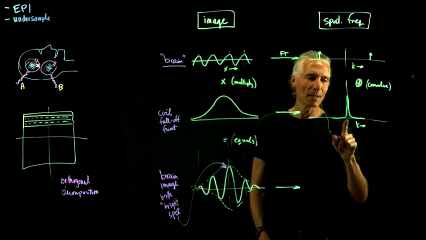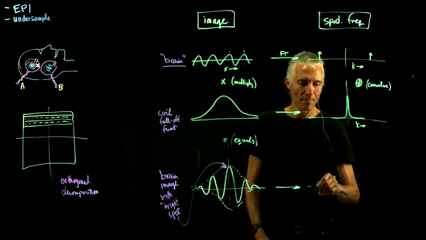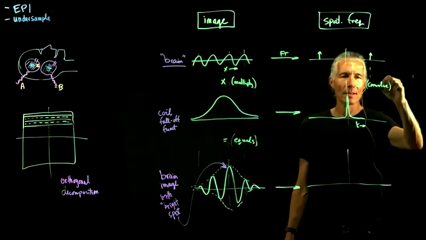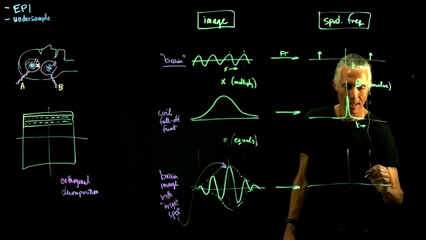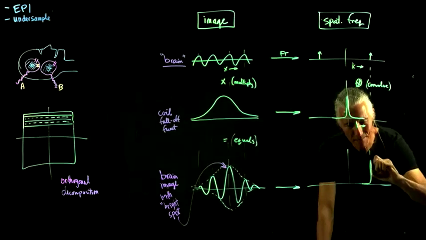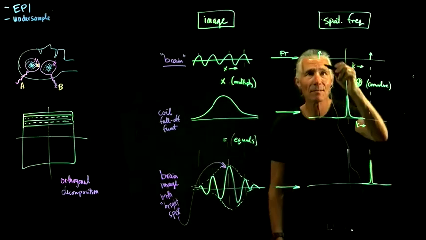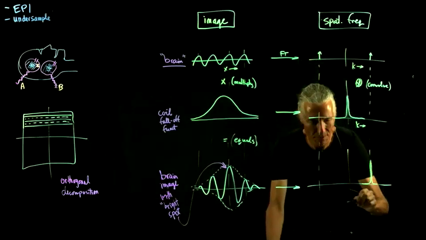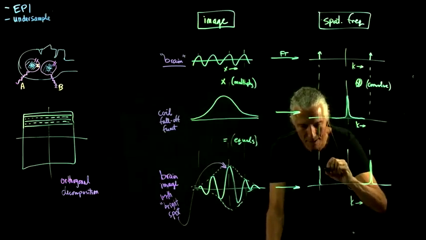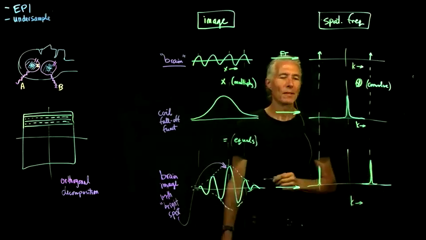Well, it's just going to basically blur out those spikes. And so where the spike would be, instead of a spike, now you'll have a little mini Gaussian like that. And you'll have the same thing for negative frequency space, so there'll be another negative frequency spike there.